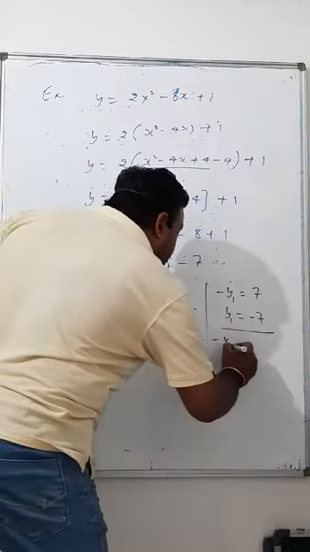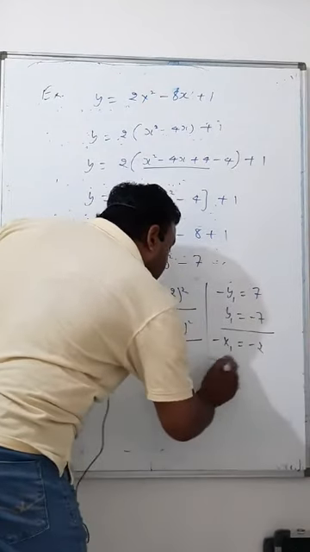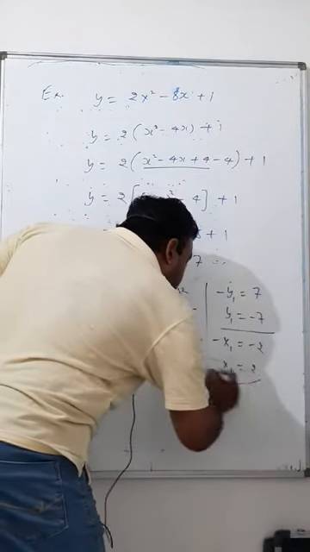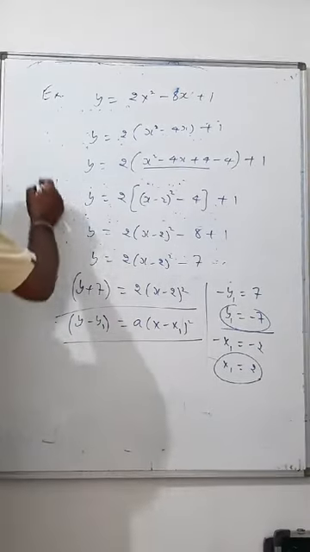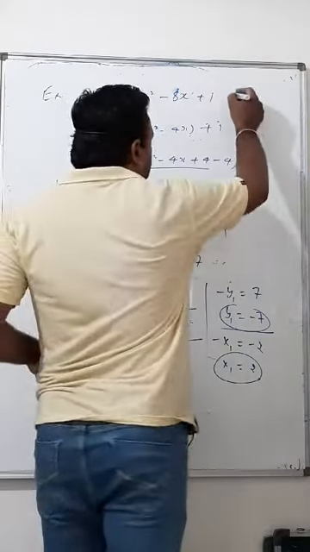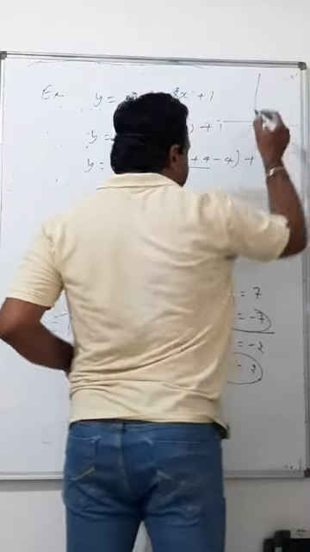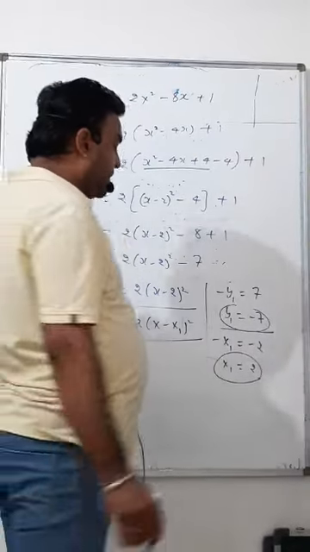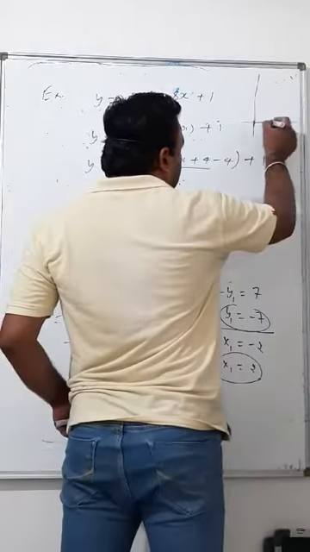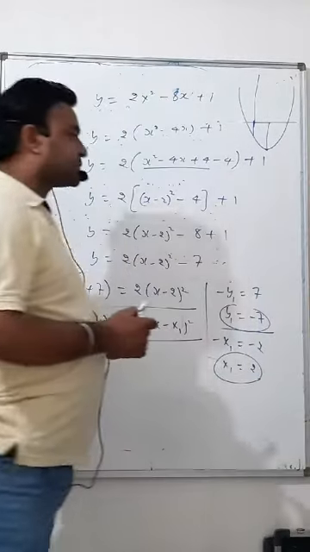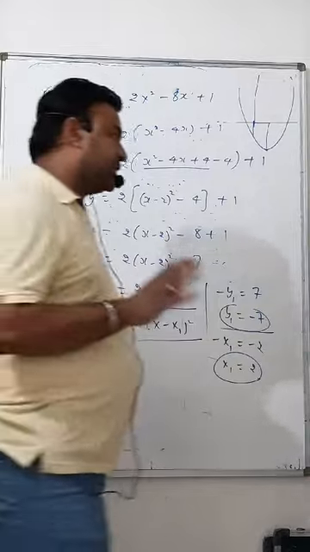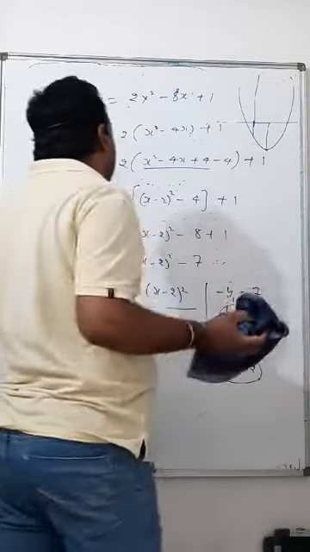Minus x1 is minus 2, that means x1 is 2. The vertex point is 2 and minus 7, here I draw 2 and minus 7, here. Right? That's the way to analyze a quadratic polynomial.